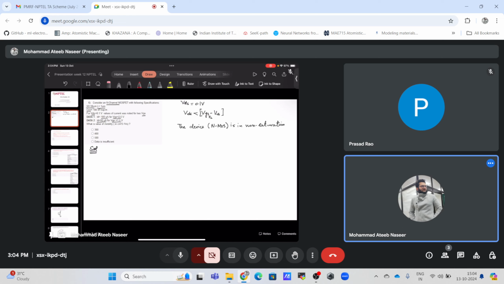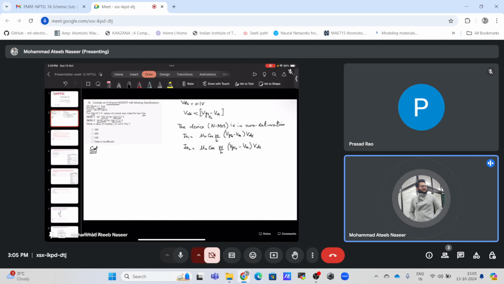So we can use the small VDS approximation, and we can simply write ID1 equal to mu n Cox W over L times VGS1 minus VTH times VDS. Similarly, ID2 can be written as mu n Cox W over L times VGS2 minus VTH times VDS.